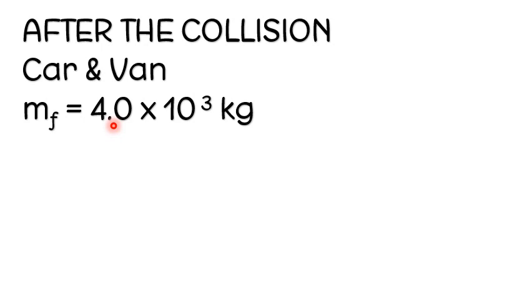It's 1.5 times 10 to the third and 2.5 times 10 to the third, giving us 4.0 times 10 to the third. I just used F for final mass, but it's okay if you want to use C, V, F, or C plus VF, or 1 plus 2F. Bahala kayo. Now, we are looking for the final velocity.